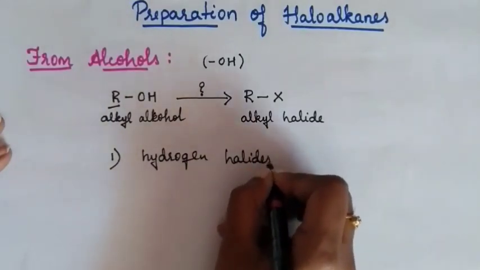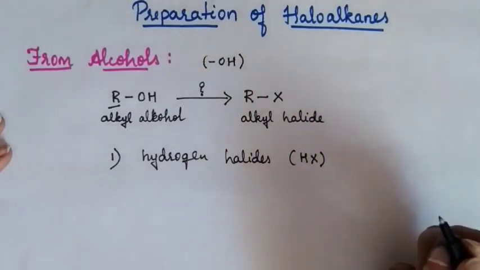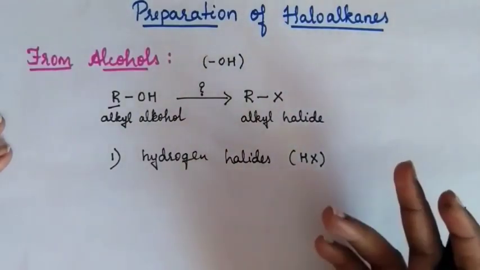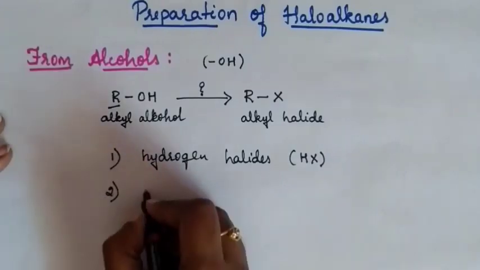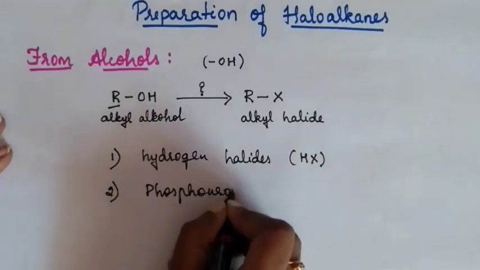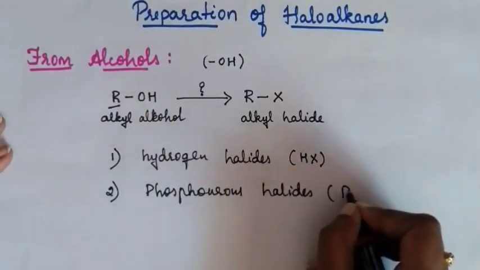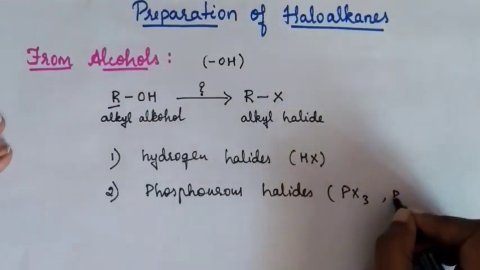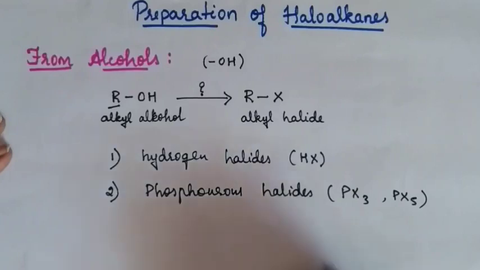Hydrogen halides can be represented by the symbol HX, where hydrogen halide can be HCl, HF, HBr or HI. The second reagent is phosphorus halide. Phosphorus halide can be of two types, PX3 and PX5, where X is the halogen atom.